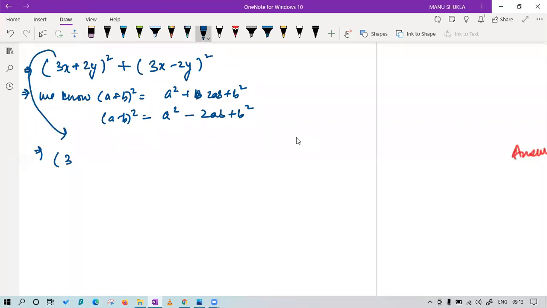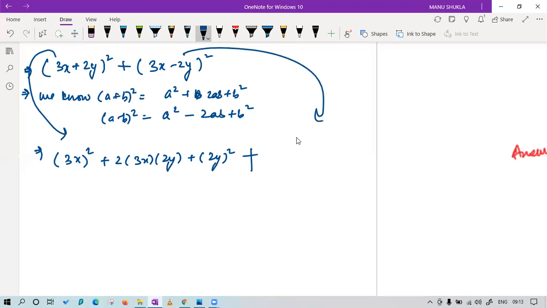The first one, a square plus 2ab plus b square, then we have a plus sign, then we have (a minus b) whole square, so 3x square minus 2ab plus b square. Now just open the brackets.